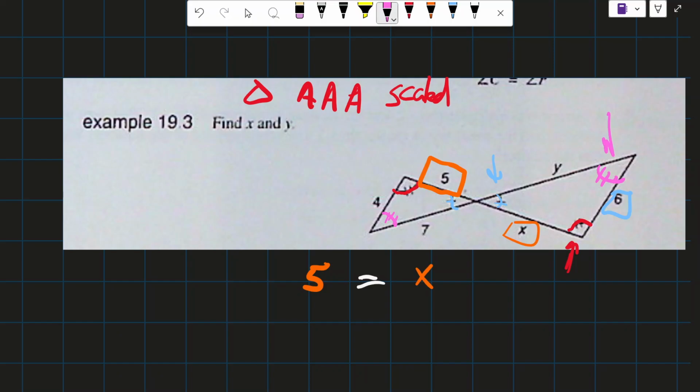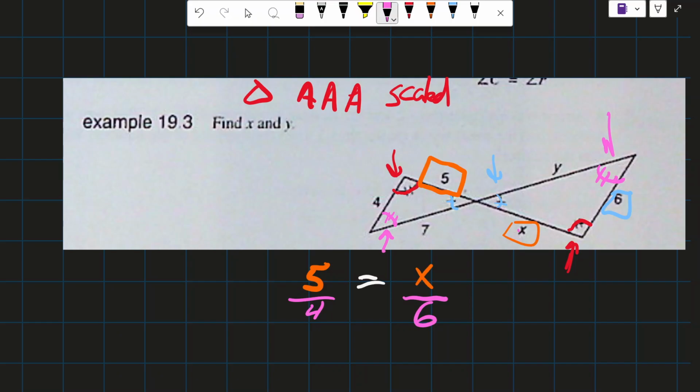So I'm going to go ahead and write that over here. Notice how X and 6 are in the same triangle, so I'm going to put them in the same fraction. And then what's between the red and the pink angle over here? The red and the pink would be the number 4, right? So let me go ahead and write that.